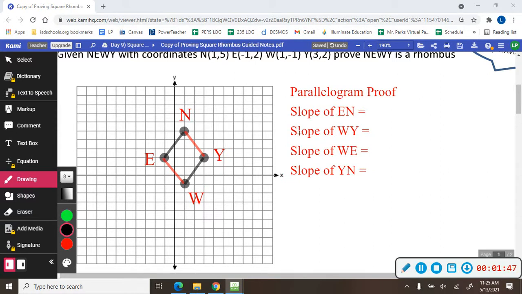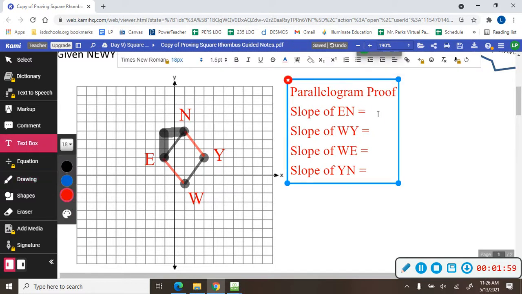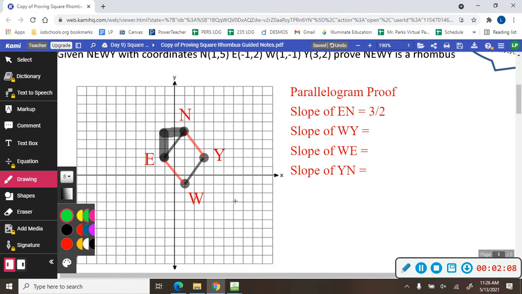The slope of EN, so how far is it from here? You go 1, 2, 3 over 2. So I would call the slope 3 over 2. And then doing the same thing for WY, I go up 1, 2, 3 over 2.